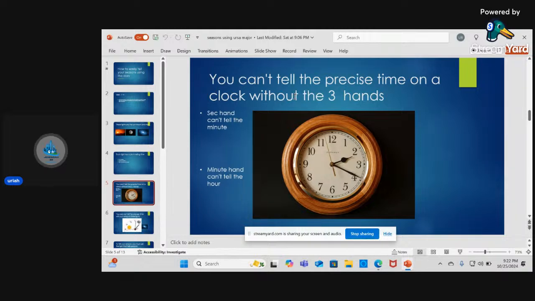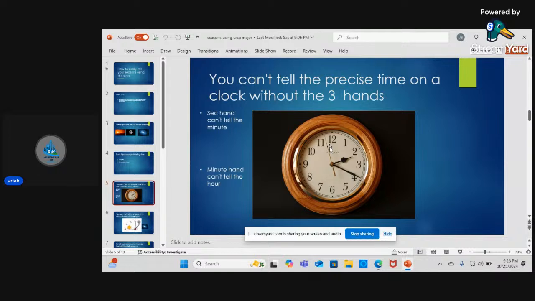One thing we understand is that a clock on the wall has 3 hands, and Almighty gave us 3 hands in the heavens. So we know that if we wanted to know what hour we're in, we would use the hour hand. If we wanted to know the minute or the second, we'd use the hand that determines each particular category of time.